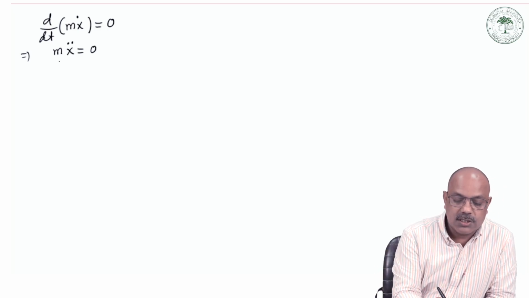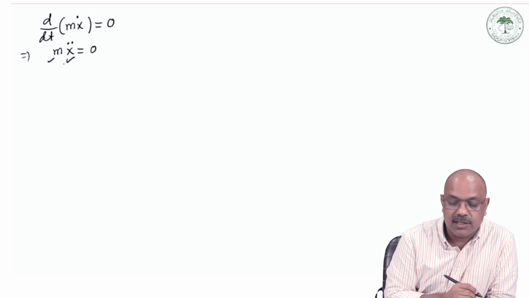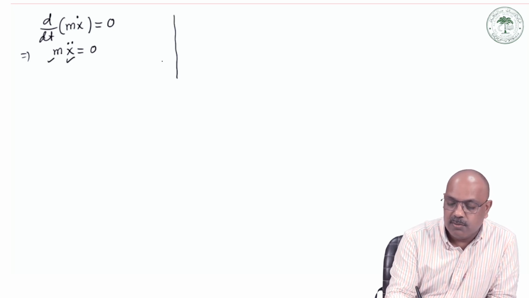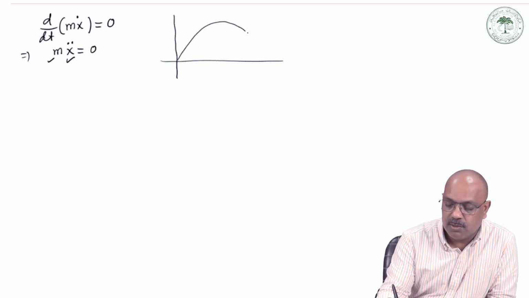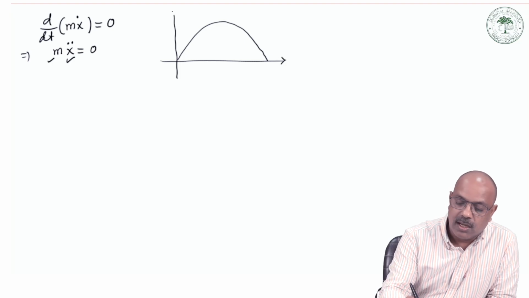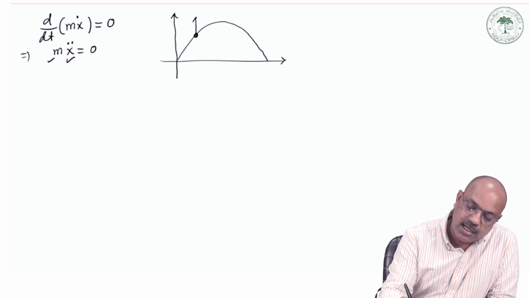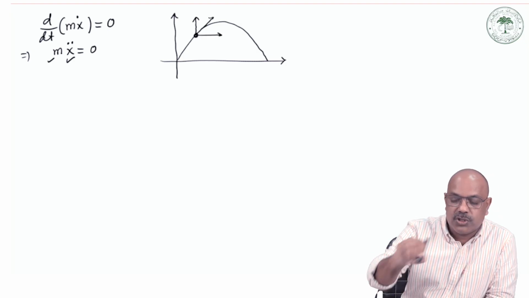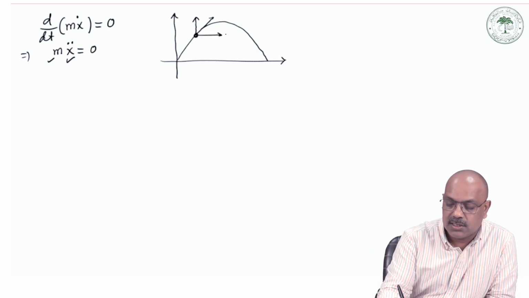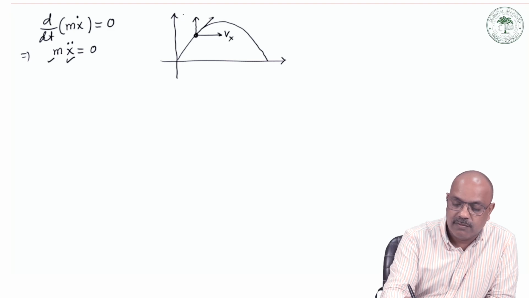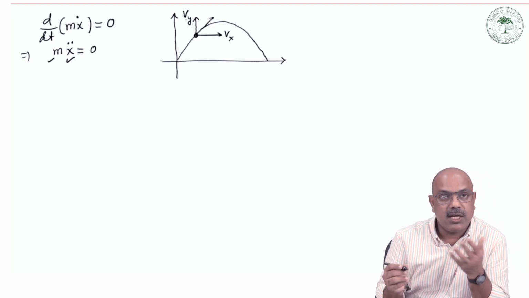Here m is the mass and x double dot is an acceleration. The important aspect of projectile motion is that when a particle is in motion, the vertical component of the velocity and the horizontal component of the velocity are totally independent.